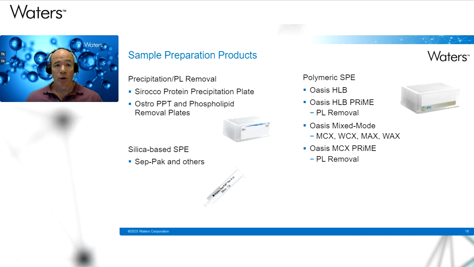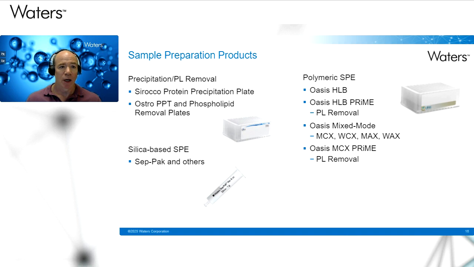Just a quick review of many of the sample extraction or sample preparation products available. These are products that Waters produces, but many other manufacturers make similar ones. There are things like precipitation or phospholipid removal plates.